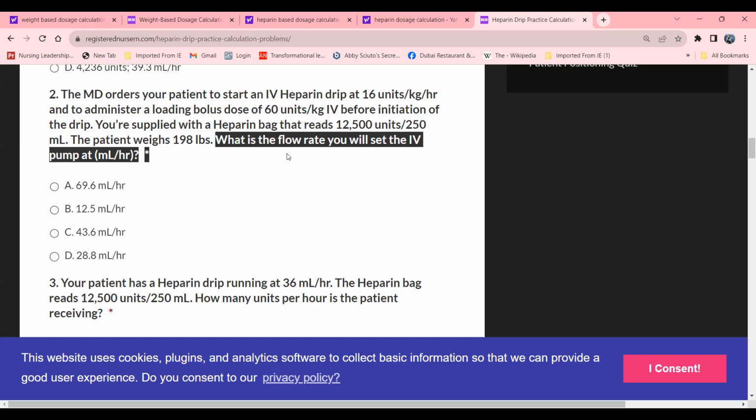And you need your ordered dose. And what's your ordered dose? 16 units per kilogram per hour. Very good. Okay, does anybody else see that there's nothing else that you need from this problem? Okay, those are the things that you need. You need the information to calculate the desired dose, and you need what you have on hand.